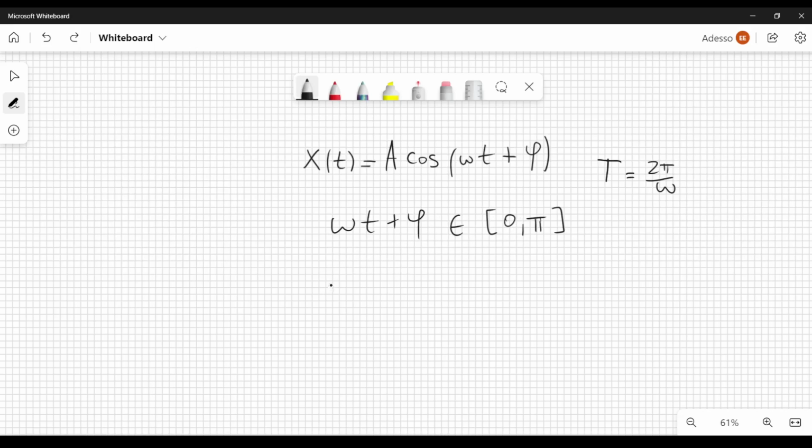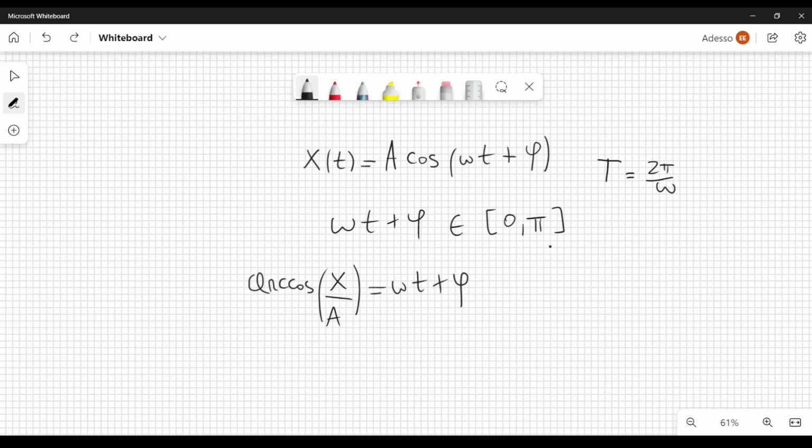If we consider x over A equal to the cosine, we can take the inverse and consider the arc cosine of x over A equal to omega t plus phi. The arc cosine gives us values in the interval from 0 to pi, so we are restricting this variable, omega t plus phi, to this interval.